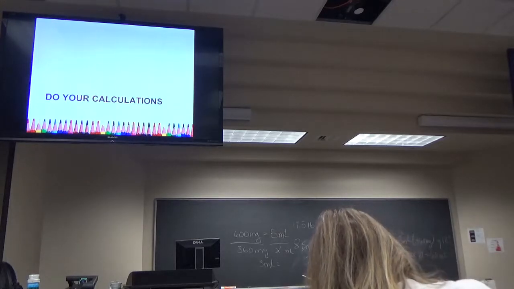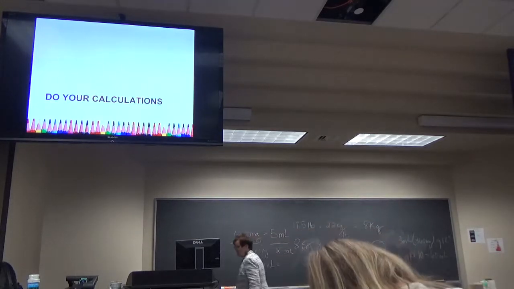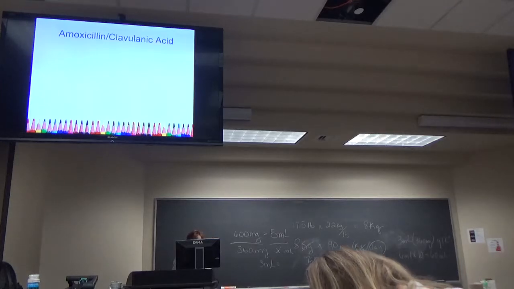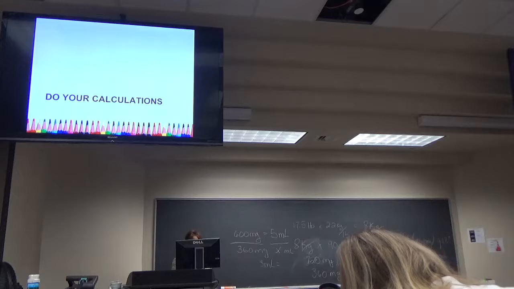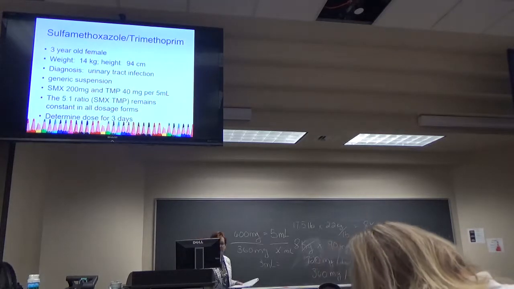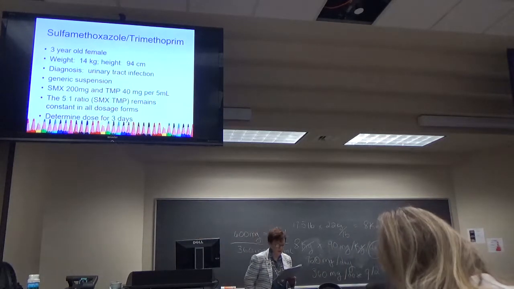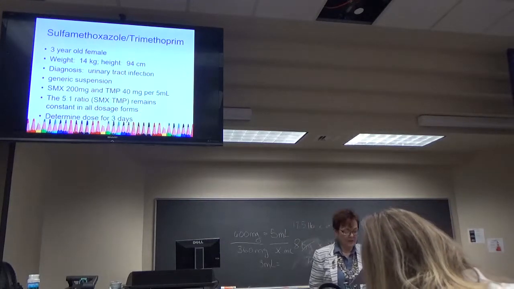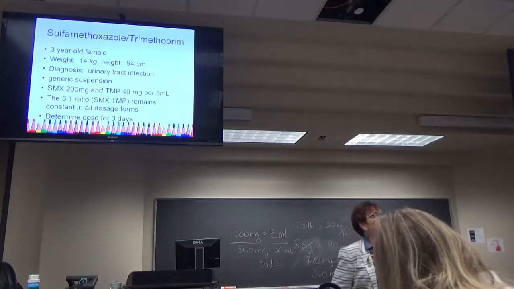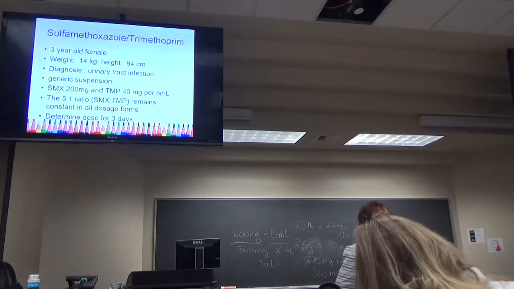Okay, so let's do the calculations on it. You have a 3-year-old female. I'm giving you the kilos up there, 94 centimeters. She's got a UTI.